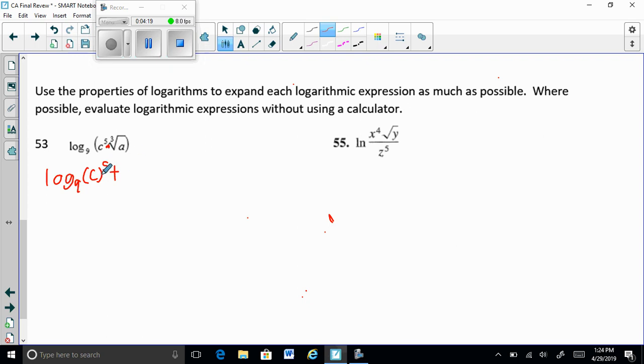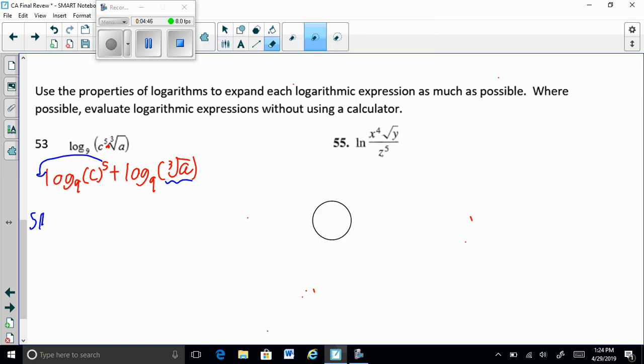And then log base 9 of the cube root of a. Most of us probably already see that, we want to move that power right here. And what you need to realize is that radical is actually an exponent also. So we're going to want to move that too. So I'll do that in 2 steps. So the first one, I'll go ahead and move the 5.